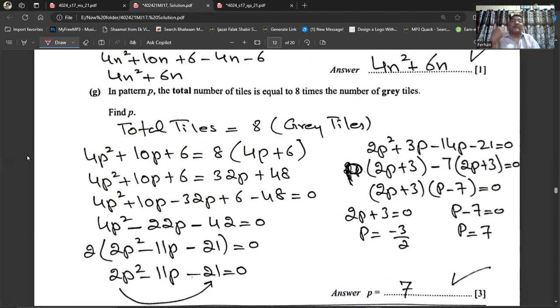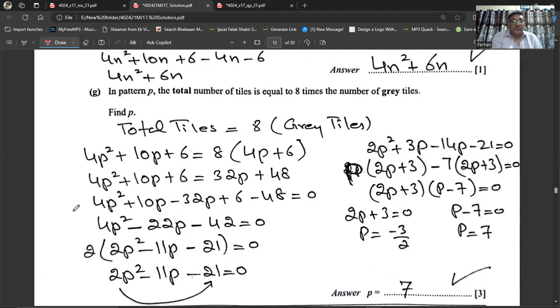Because they are saying the pattern is P, I will say 4p squared plus 10p plus 6 is equal to 8 times of the (4p plus 6). Now it will be 4p squared plus 10p plus 6 equals 32p plus 48. So you will have 4p squared plus 10p minus 32p plus 6 minus 48 equals 0. It will be 4p squared minus 22p minus 42 equals 0.